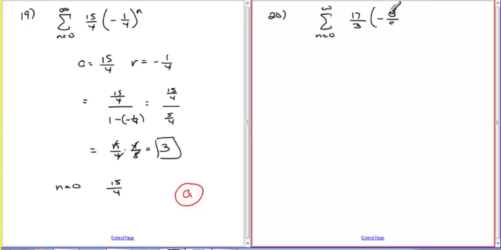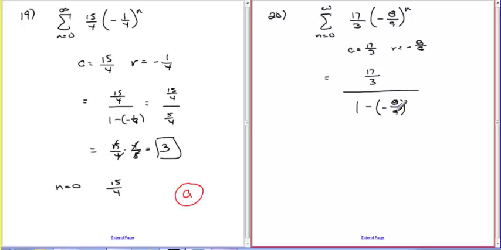Again, this is going to be one that alternates back and forth. So we can find this summation just by, again, pointing out what A is and what R is. So what we get is 17/3 divided by 1 minus the negative 8/9.